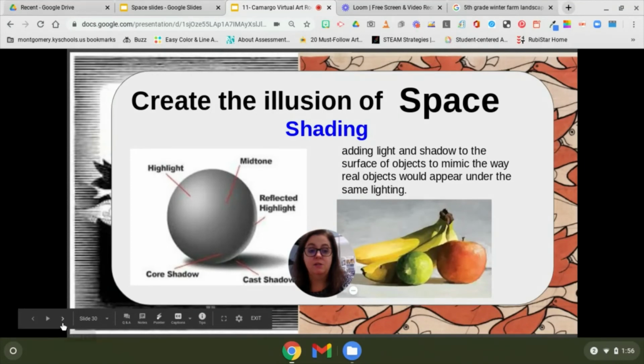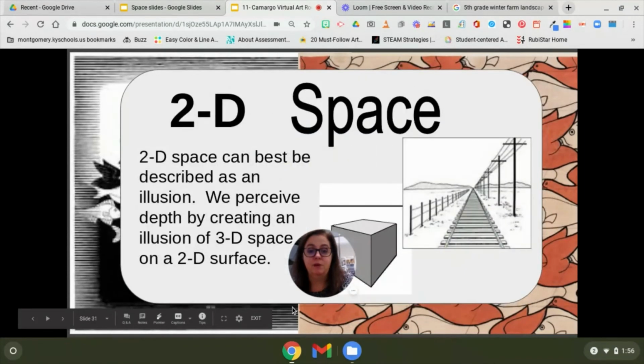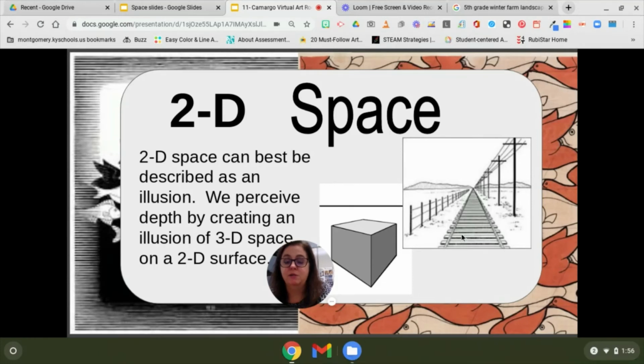So what's another way we can create the illusion of space? Well, if we're on a flat surface and we're trying to create the look of 3D, then we're going to draw in a way that creates that look. Like you're going to draw a point back into space and draw lines going back to it so that it looks like it's going back into the distance. That's called one-point perspective.